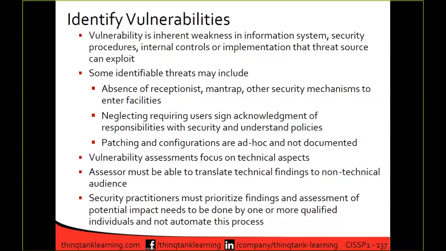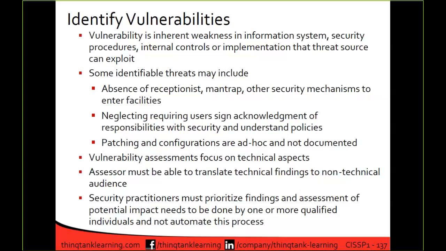So it is a weakness in your system, your procedures, your internal controls, that a threat source can then exploit. Absence of a receptionist, a mantrap, security mechanisms to enter a facility, neglecting requiring users to sign, acknowledge an acceptable use policy, patching or the lack of patching servers, whatever it might be, right?